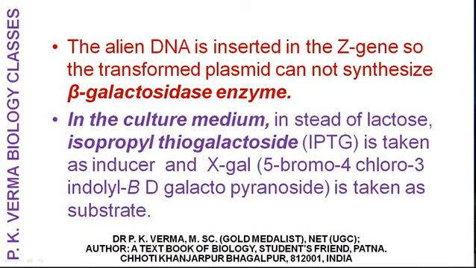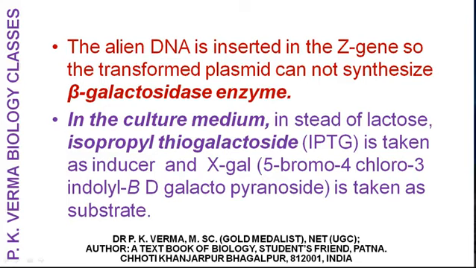Whether it is functional or not is tested by its action over X-gal, the 5-bromo-4-chloro-3-indolyl beta-D-galactopyranoside. Here isopropyl thiogalactoside, IPTG, is used as inducer of the operon, but lactose is not used.